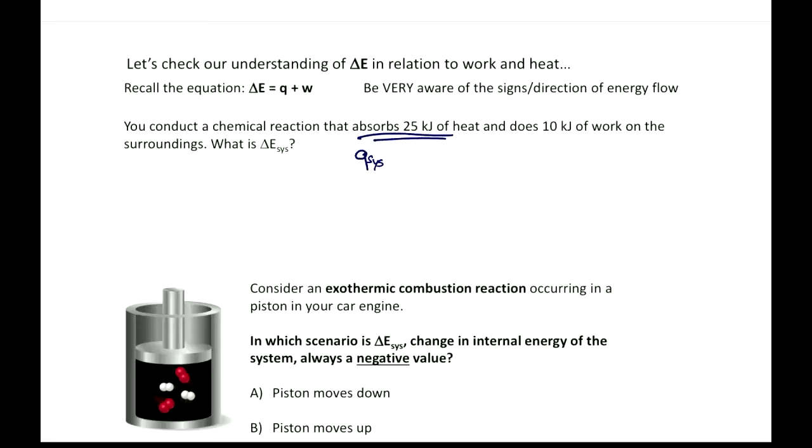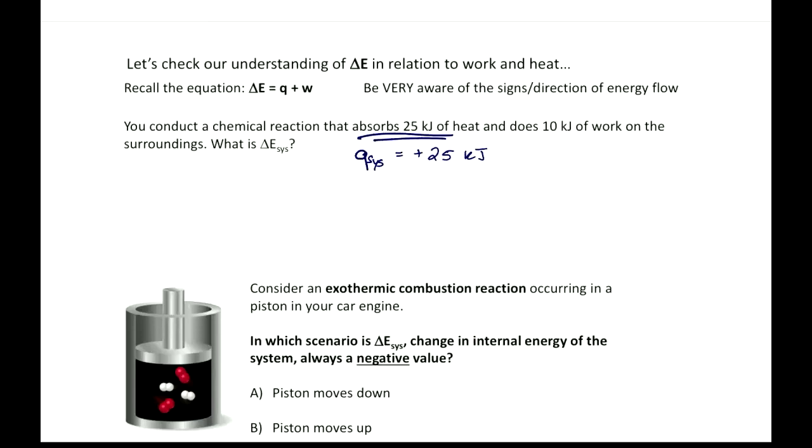How this question is worded, is that heat going into the system or leaving the system? Into, because it's being absorbed. So is that a positive value or a negative value? That's positive. So in this case, Q of the system is in fact 25 kilojoules. If it said released, then it would be a negative 25.